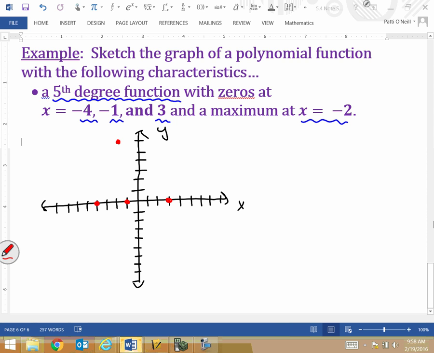Now, if it's 5th degree, it's only a relative maximum. So somehow I have to fit this information in. In order for it to be 5th degree, I could have my graph do something like this. It could pass through my first 0, go up to my max, reach my second 0. Sorry, this isn't perfect here.